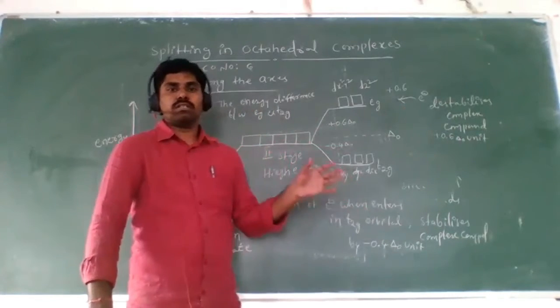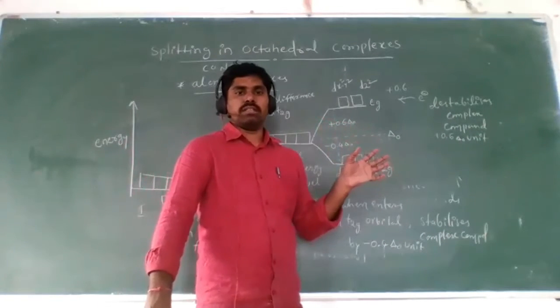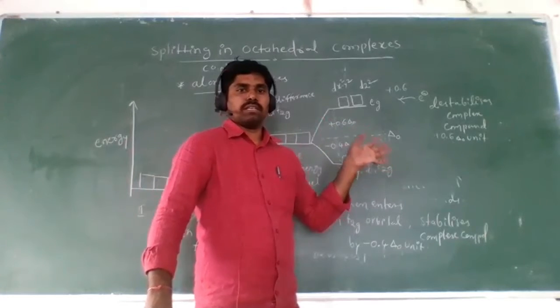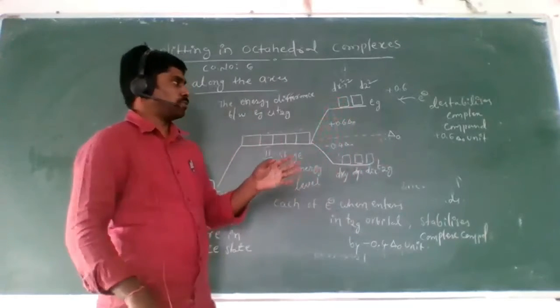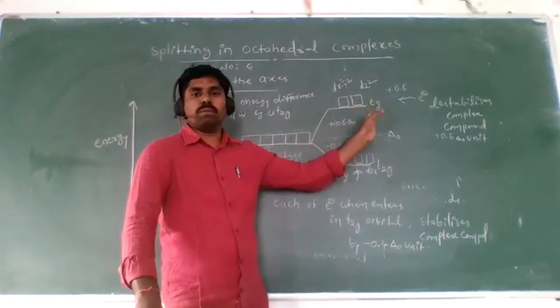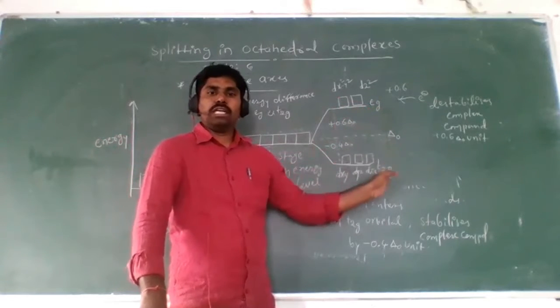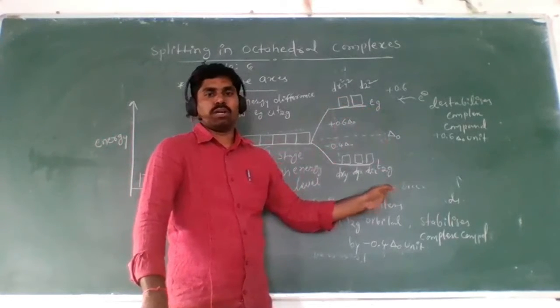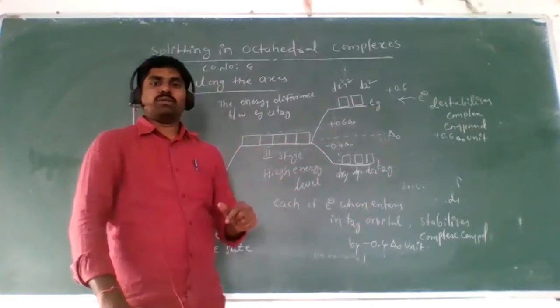Is that clear? This is the octahedral splitting. Now in the octahedral splitting, the Eg orbitals go to the higher energy level, and the T2g orbitals go to the lower energy level. Why does only the Eg orbital go to the higher energy level?